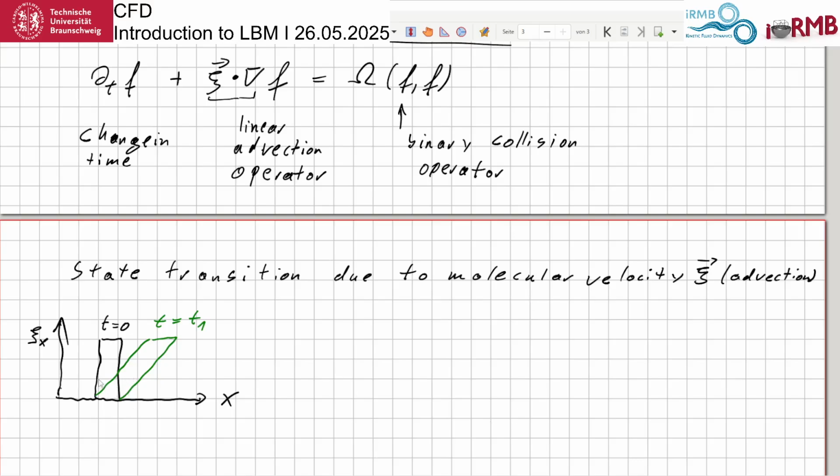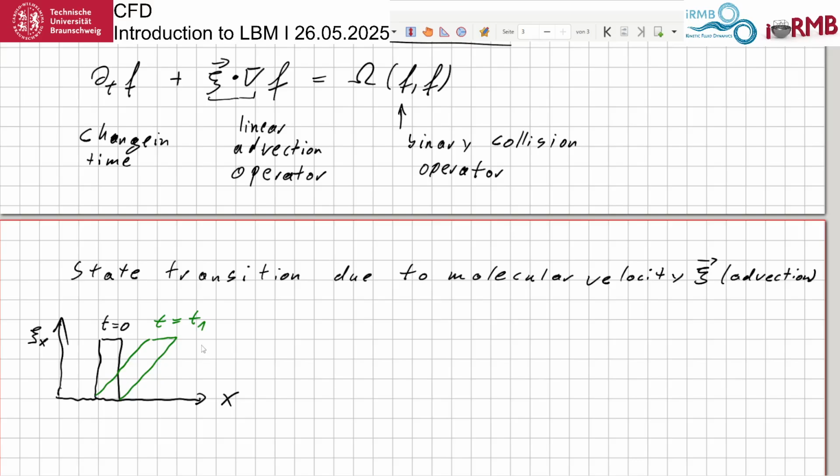If a molecule is at this position x and has a velocity cx, then after a given time it will end up here. And the more velocity it had, the further it has moved, obviously.